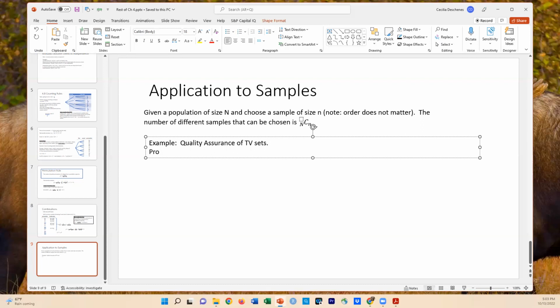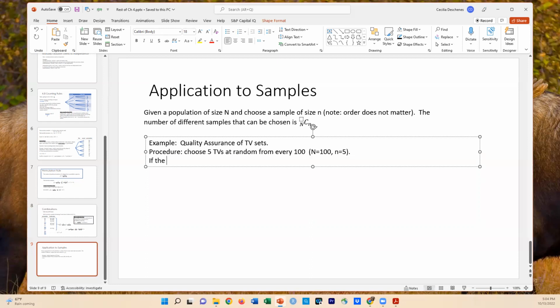The procedure is to choose 5 TVs at random from every 100. So in this case, our population, if you will, is going to be 100, and we're going to choose a sample randomly of 5.